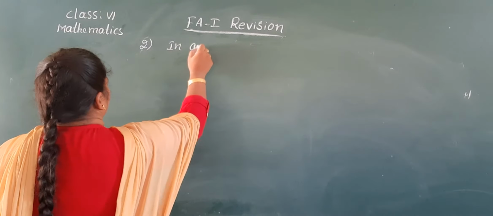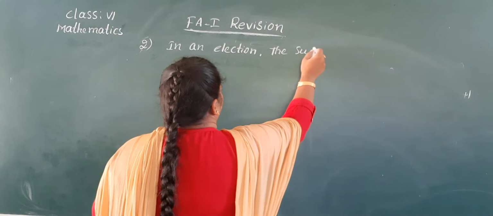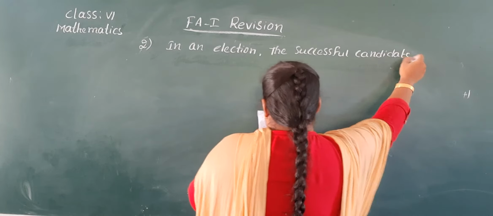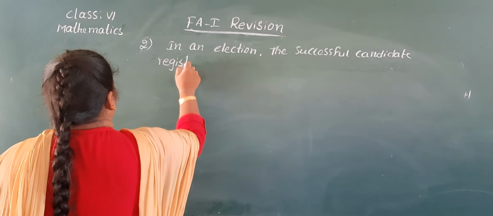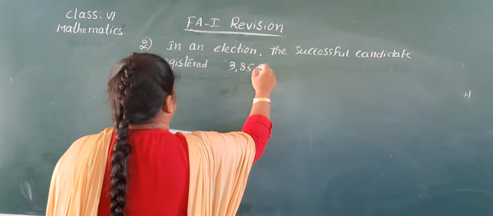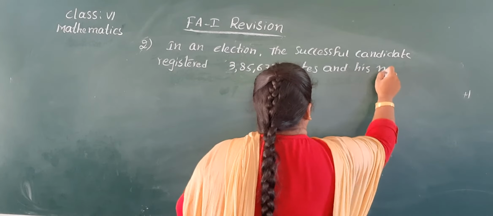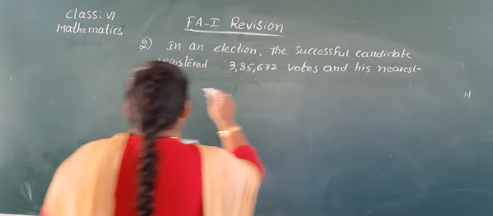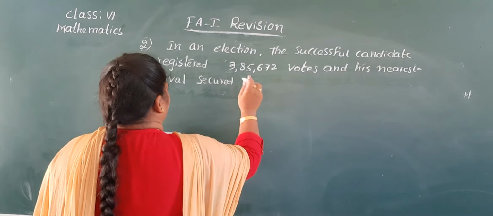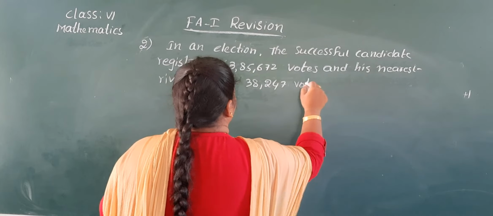In an election, the successful candidate registered 3,85,672 votes and his nearest rival secured 38,247 votes.